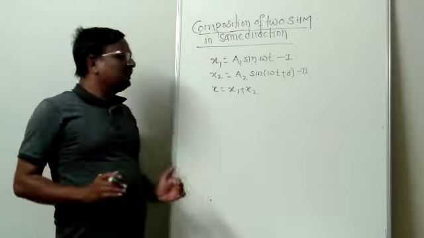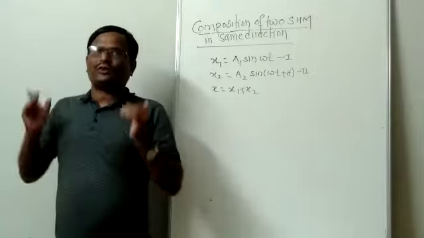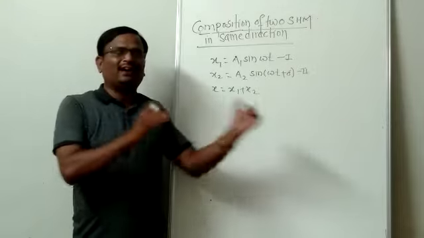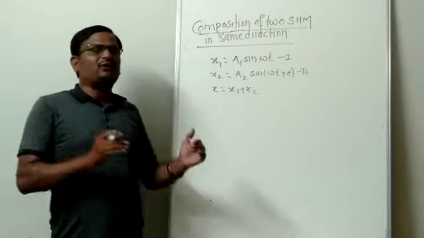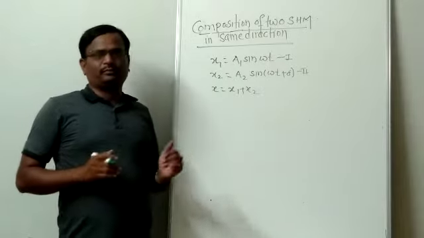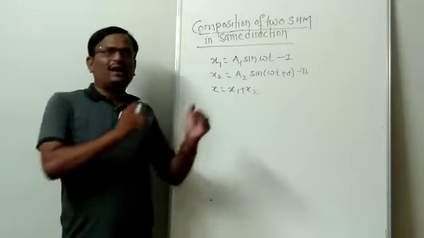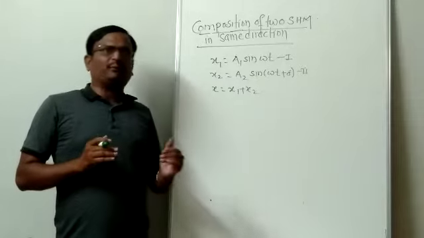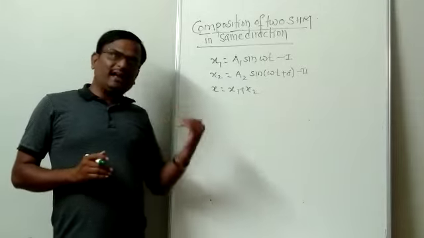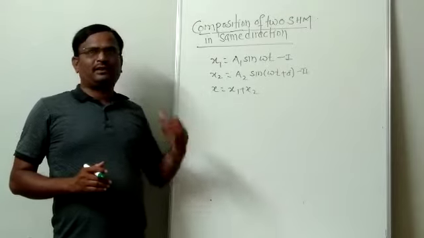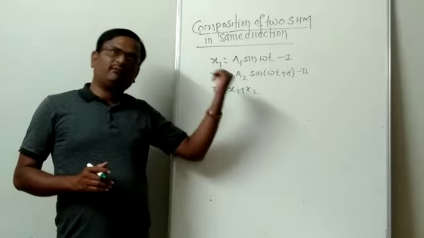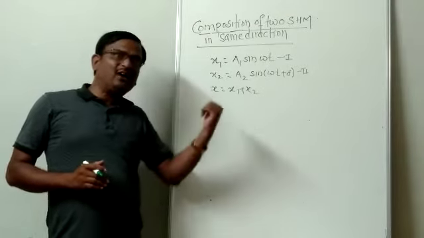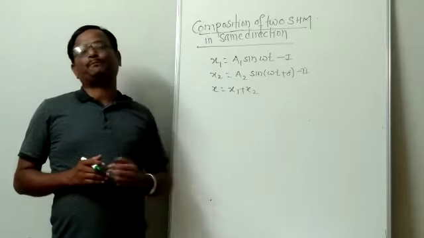Second equation, x2 is equal to A2 sine omega t plus delta, where A1, A2 are amplitudes, delta is the phase difference and n is the frequency. They have different amplitudes and phase difference delta, but the same frequency.